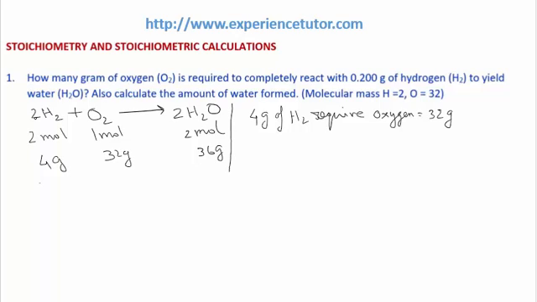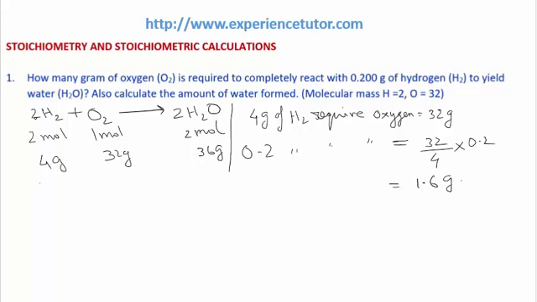Then 0.2 gram of hydrogen will require oxygen equal to 32 upon 4 into 0.2, which is equal to 1.6 gram.